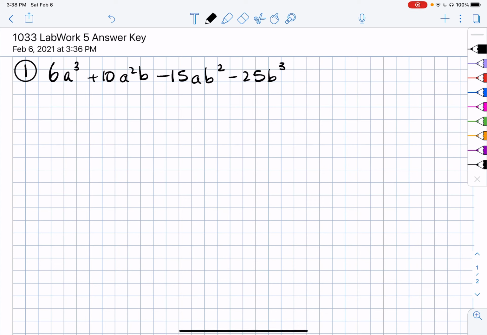GCF for the first group is just an x, leaving me with 7x minus 3. GCF for the second group is, since the third term is positive, I can just call it positive 2, no big deal. And what I have left is 7x minus 3 again.